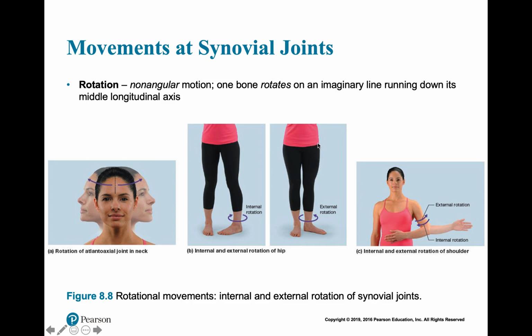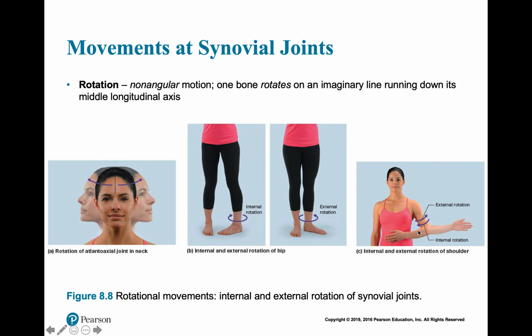Your hip joint, this ball and socket joint, allows for internal and external rotation. Bringing your toes in, pigeon-toed, is internal rotation, and pointing your toes outward while standing is external rotation at the hip.